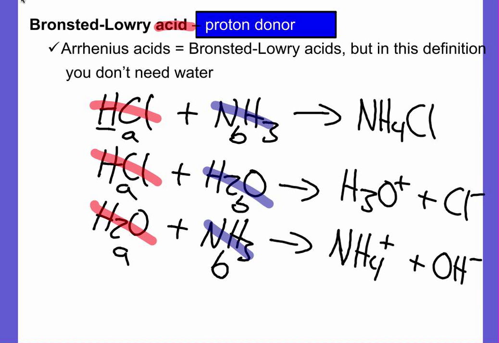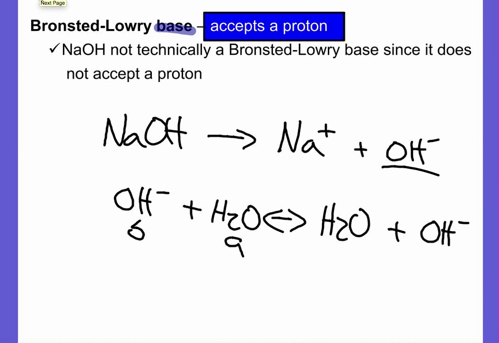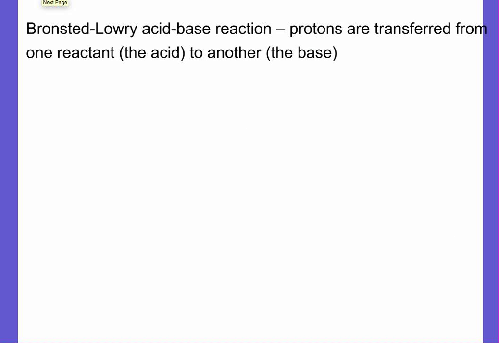No. So it really just depends on the context, on the example. If it accepted a proton, it is a Bronsted-Lowry base, but that does not necessarily make it an Arrhenius base. But it might be both. Who knows? So it's always just dependent on context. And you guys will figure that out as we go.